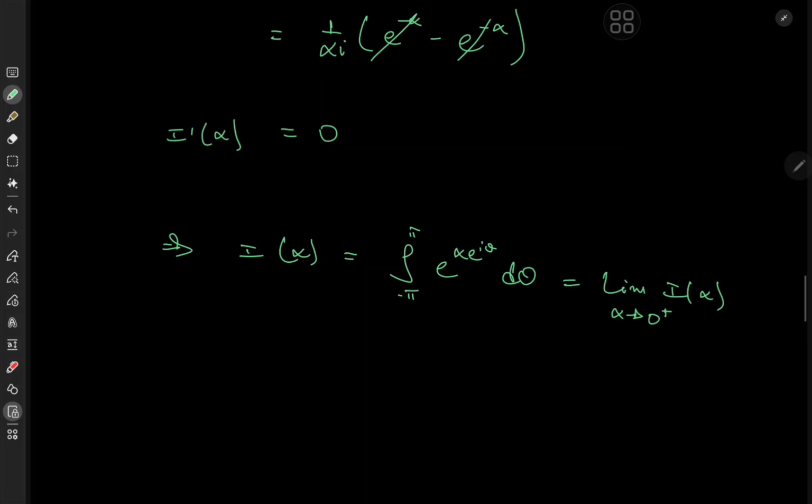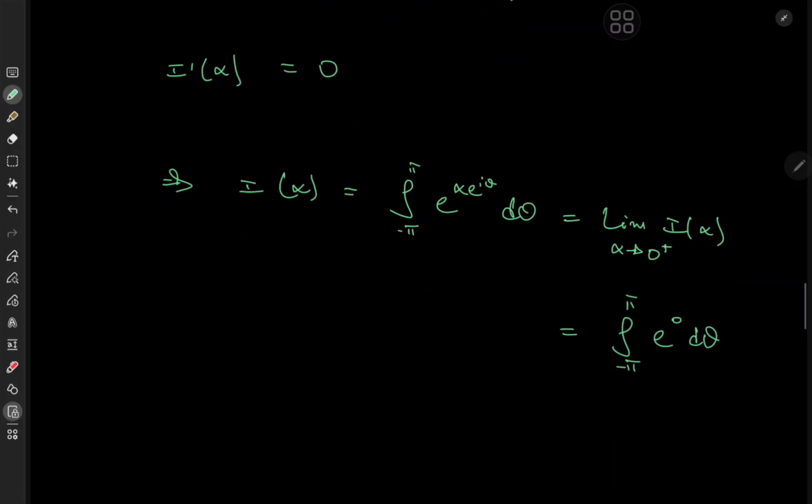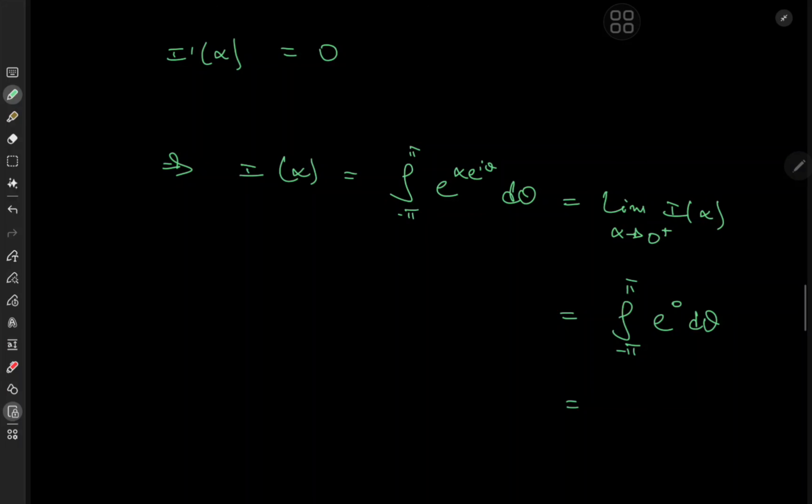But if I take the limit as alpha tends to 0, then all I'm getting is the integral from negative pi to pi of e to the 0, d theta, which is a 1, of course. And the result here would be 2 times pi.